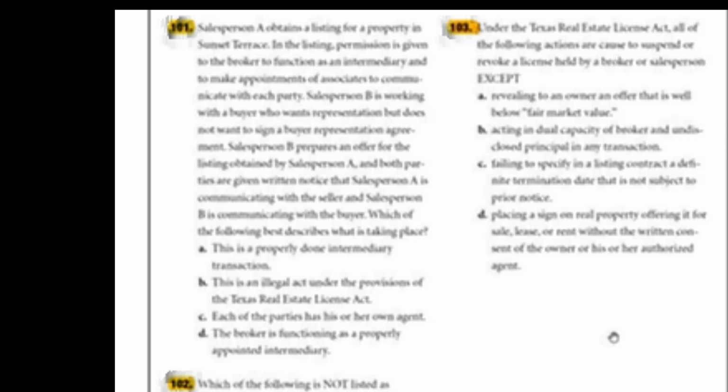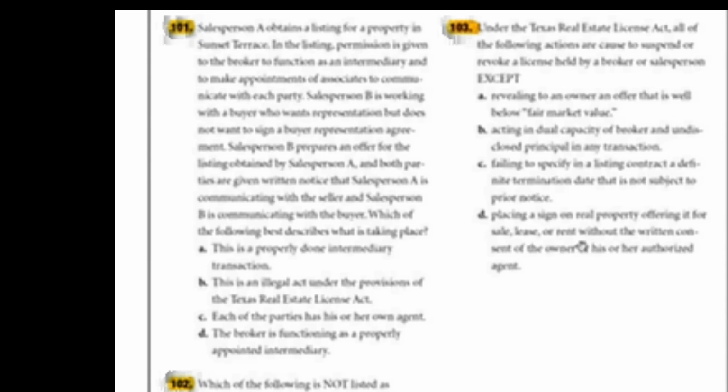So yes, 103A will not cause suspension because they are presenting any offer even if it's below fair market value. In the state of Texas, we don't have dual agency. Every contract has to have a termination date.